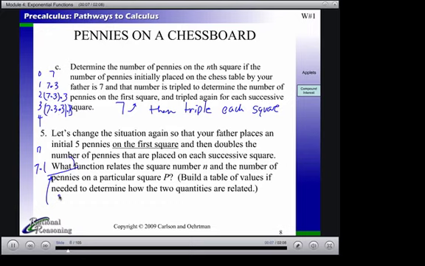In general, what's happening in the parentheses? We're multiplying a bunch of 3s together. We're tripling each square, so we keep multiplying by 3. So the question is, in the nth square, how many 3s? n 3s. We've multiplied by 3 n times when we get to the nth square.